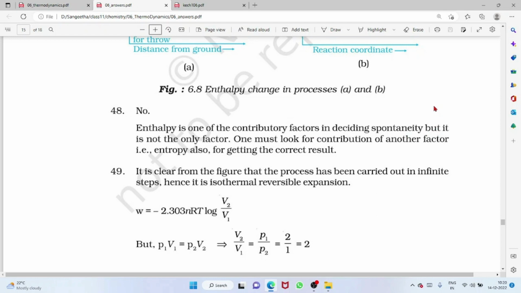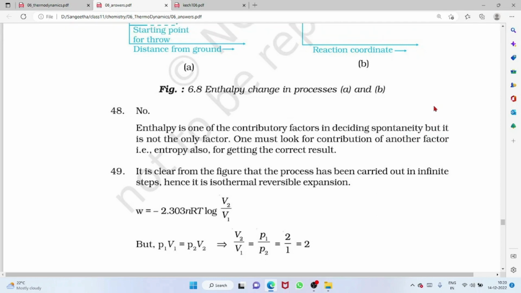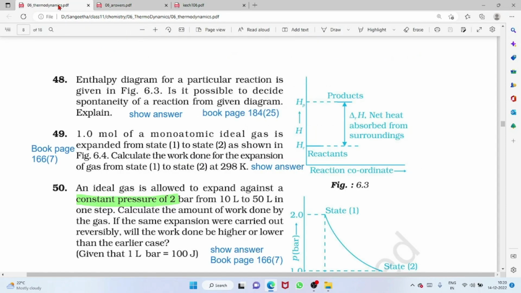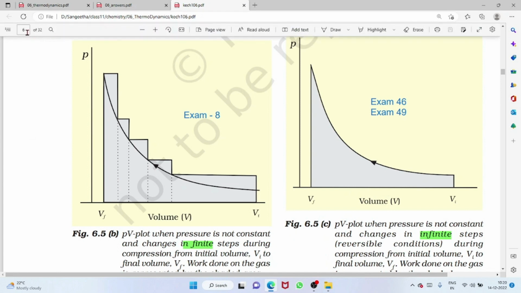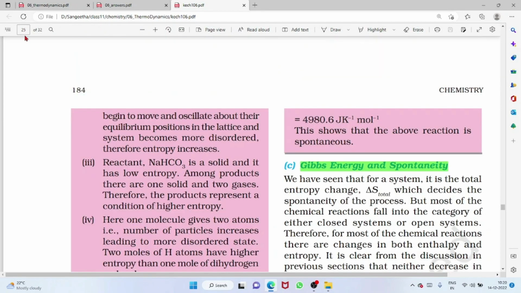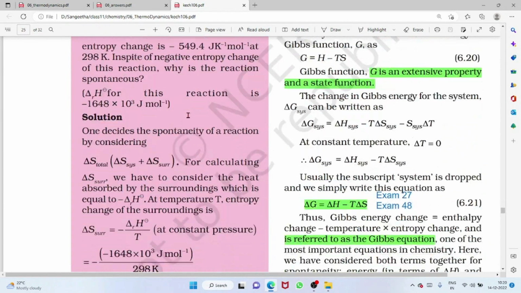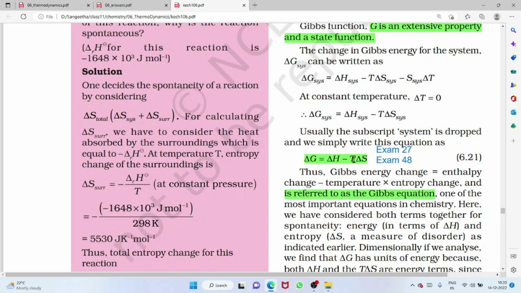That is, delta G equals delta H minus T delta S. It's not the only factor, so one must look at the contribution of the other factor, entropy also, that is delta S, for getting the correct results. See here, not only enthalpy, but entropy is also a contributing factor.